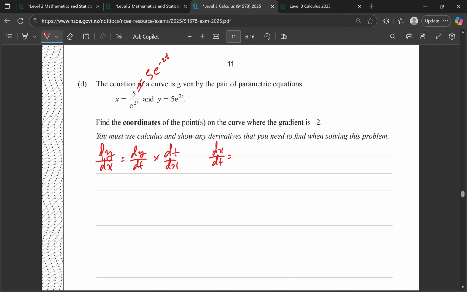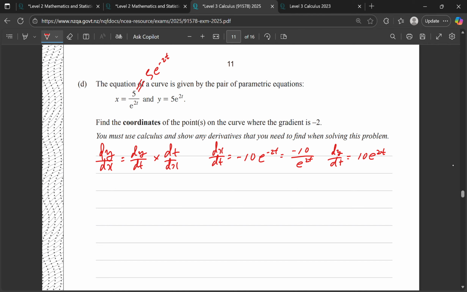The derivative of negative 2t is negative 2, times 5 gives me negative 10e to the power of negative 2t, which is just negative 10 over e to the power of 2t, right? And then dy/dt is simply 10e to the power of 2t, right?